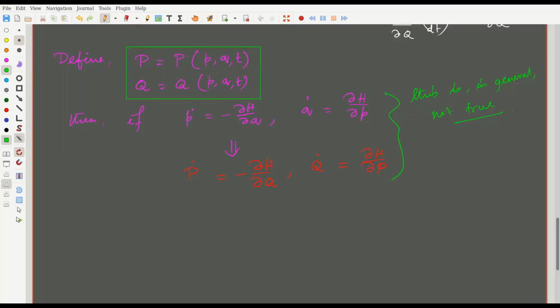So you have to take special care for these transformations so that the structure of Hamilton's equation stays true. Those special transformations under which the structure of Hamilton's equation does not change would be called canonical transformations. Only those transformations which keep this structure invariant are canonical transformations.